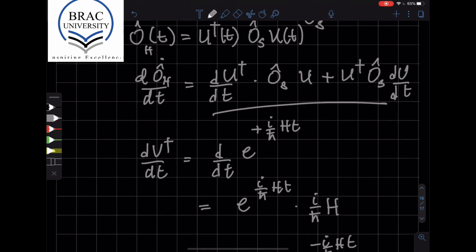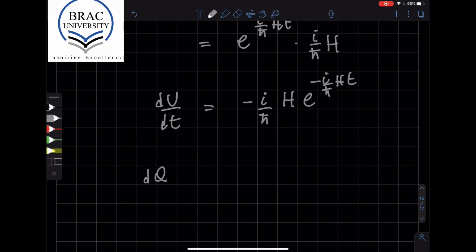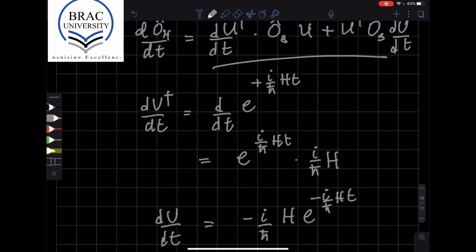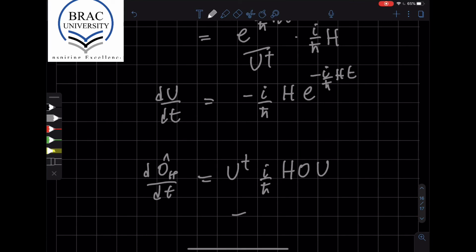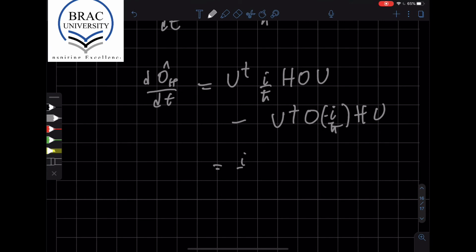And therefore, dO_H/dt is going to be U dagger, then i over h bar, H times O, and then we have U, and then we have minus U dagger, O, minus i over h bar, H U. So if I factor out i over h bar, we get U dagger times the commutator of H and O, times U.